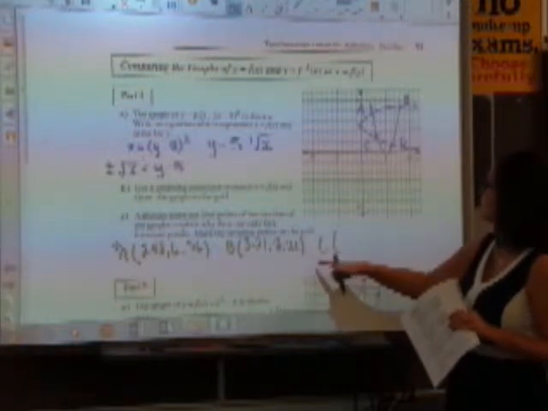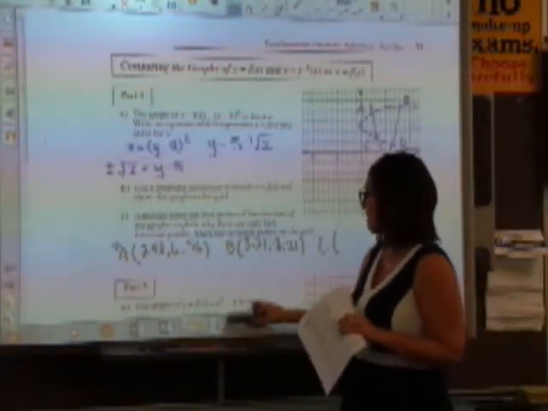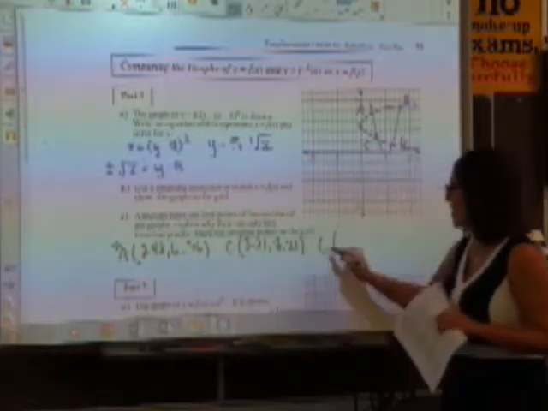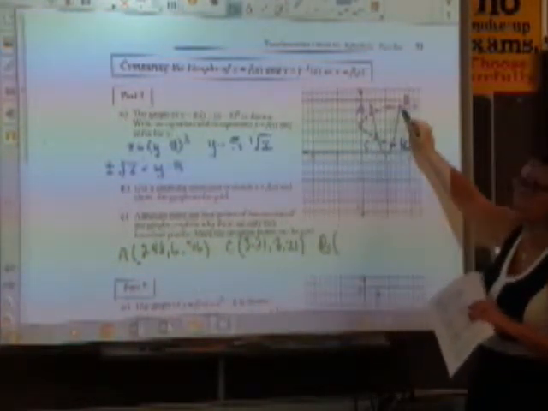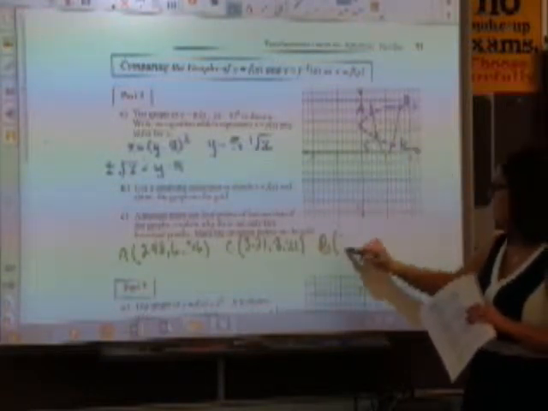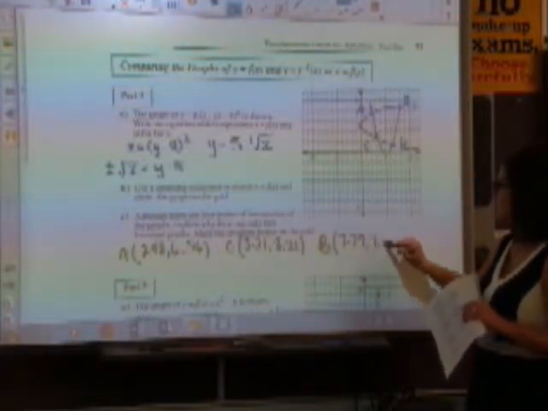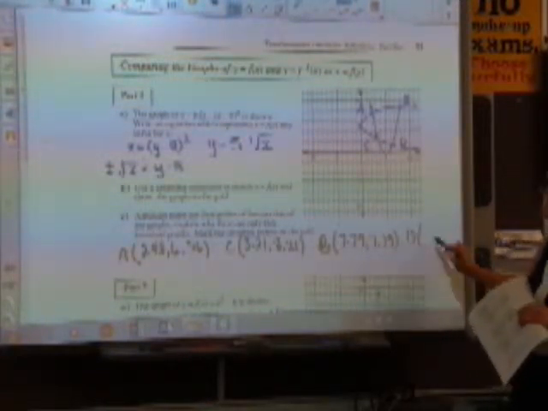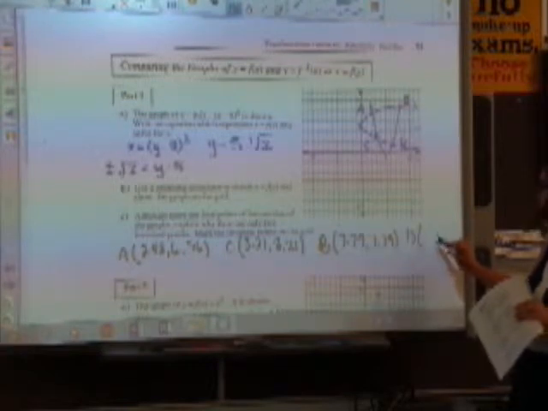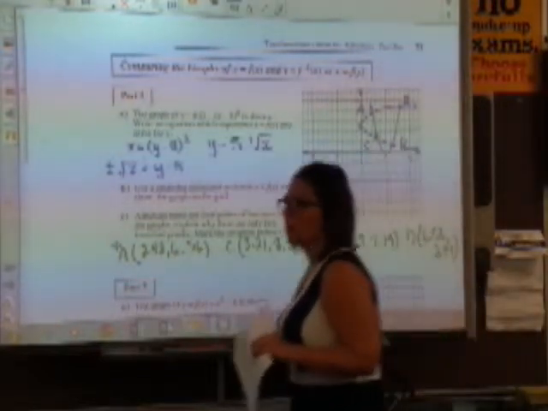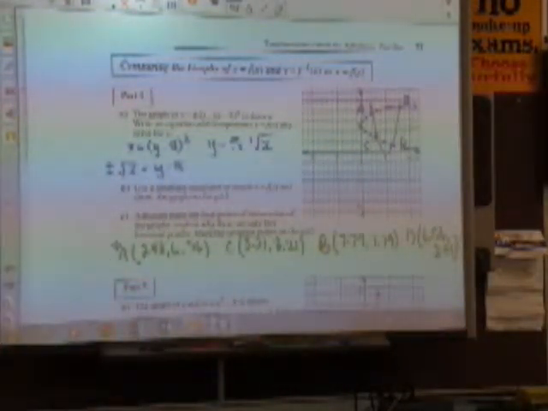Or C, I think, was 3.21, right? Yeah. Oh, mine are labeled different. Then B, that's this point up here. 7.79 and 7.79. And then D? 6.56 and 2.43.